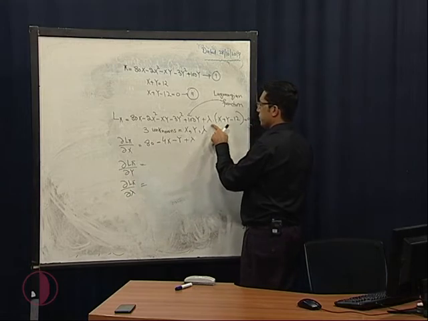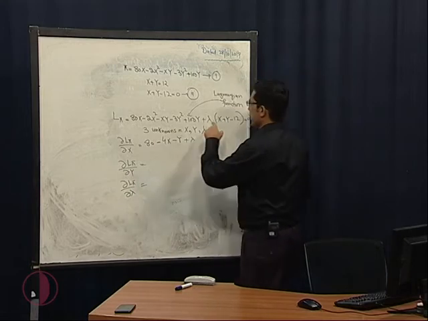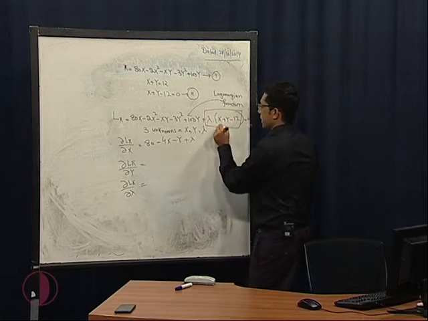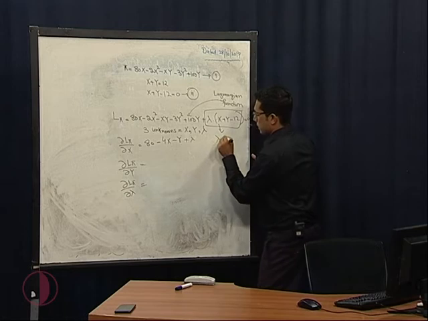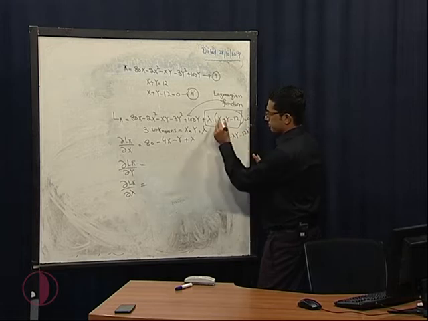After simplifying this expression, we can also write lambda x plus lambda y minus 12 lambda.